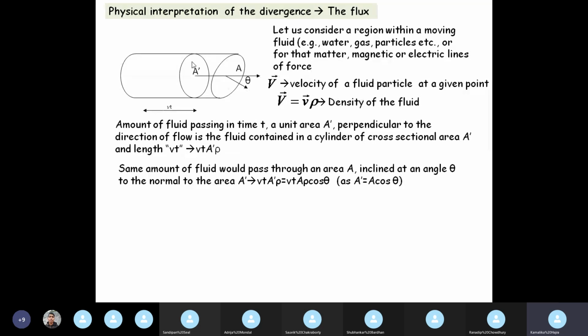So the amount of fluid that is coming out of this cross-sectional area will also move out through this cross-sectional area A prime.